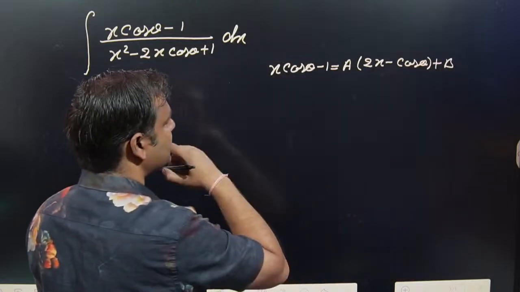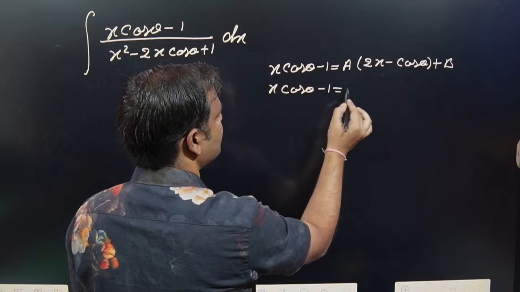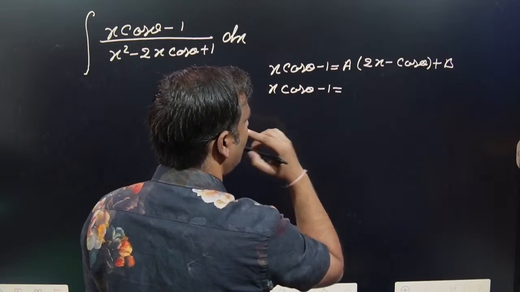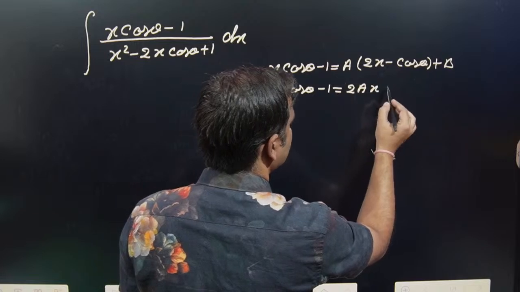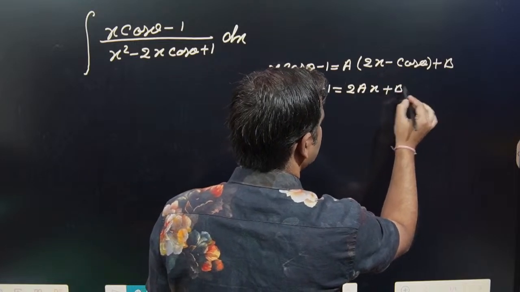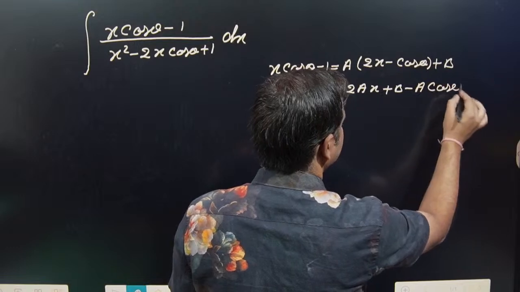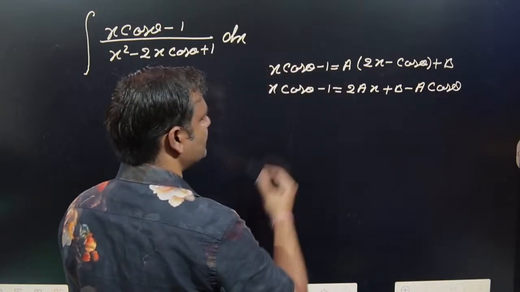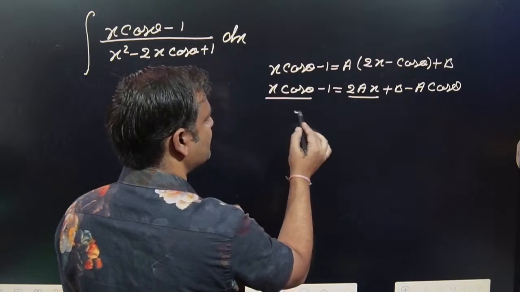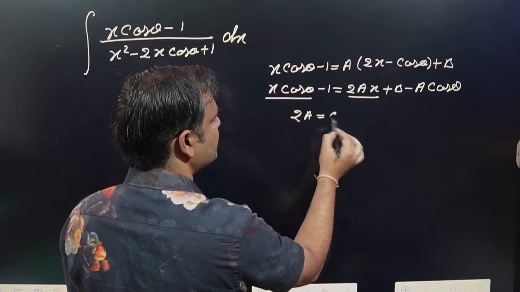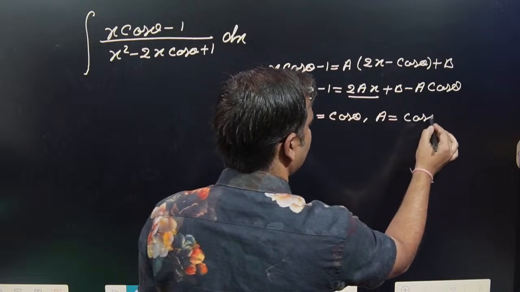After that, x cos theta minus 1 is equal to 2a into x plus b minus a cos theta. Now compare this one to this one. So 2a is equal to cos theta, so a is equal to cos theta by 2.